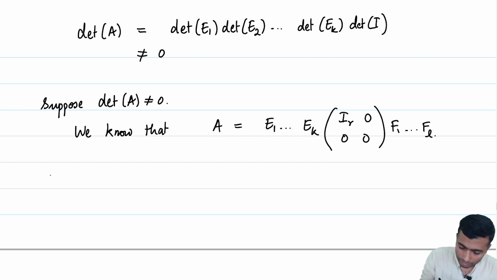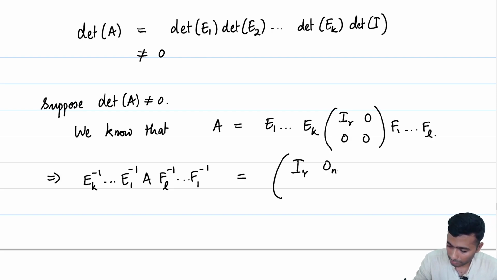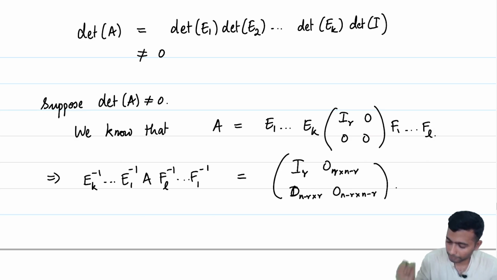This implies that Ek inverse dot dot dot E1 inverse times A times FL inverse up to F1 inverse is equal to I_r, 0 of r cross n minus r, 0 of n minus r cross r, and a 0 of n minus r cross n minus r.